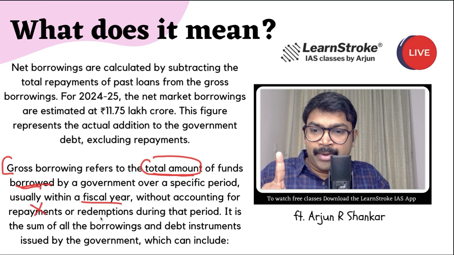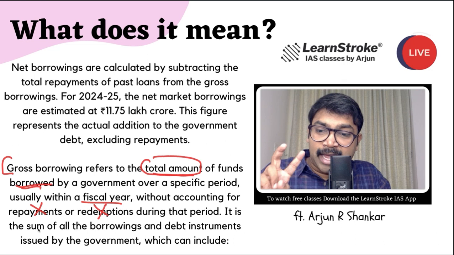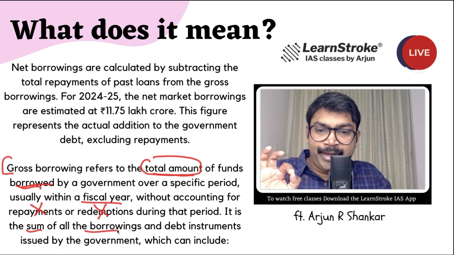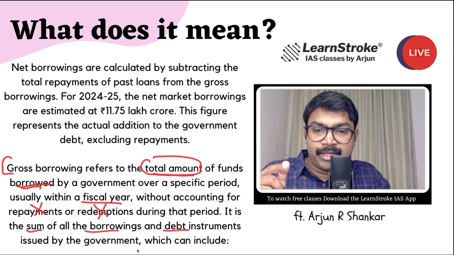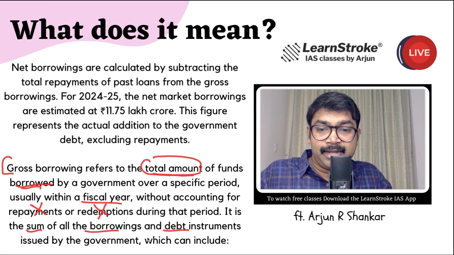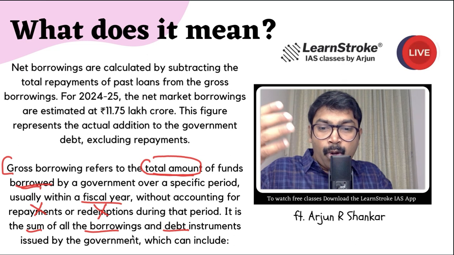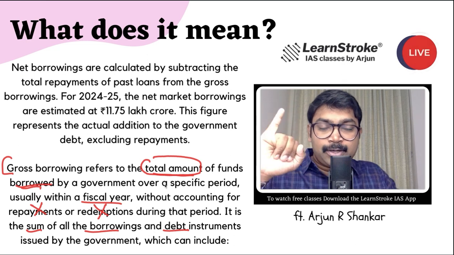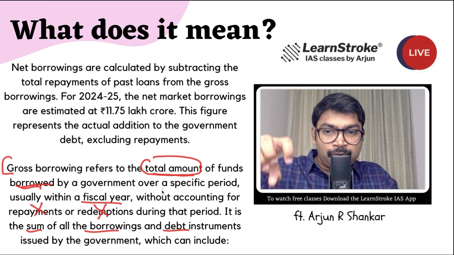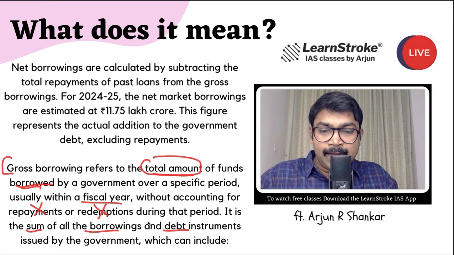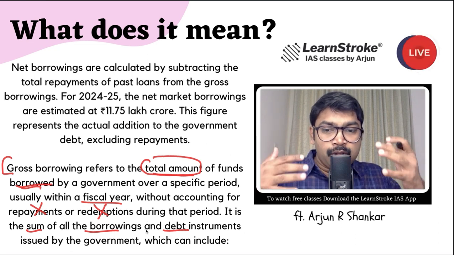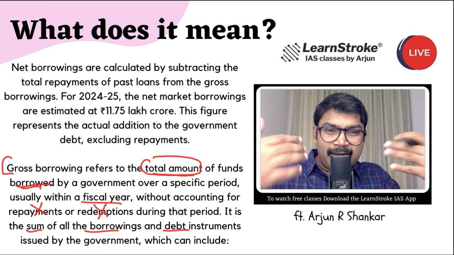You don't account for repayments, you don't calculate redemptions during that period. It is the sum of all borrowings and debt instruments issued by the government. So please understand, gross borrowing means the total amount of funds borrowed by the government within a year, not calculating repayments and redemptions during that period. All the money that is borrowed, either through debt or something.